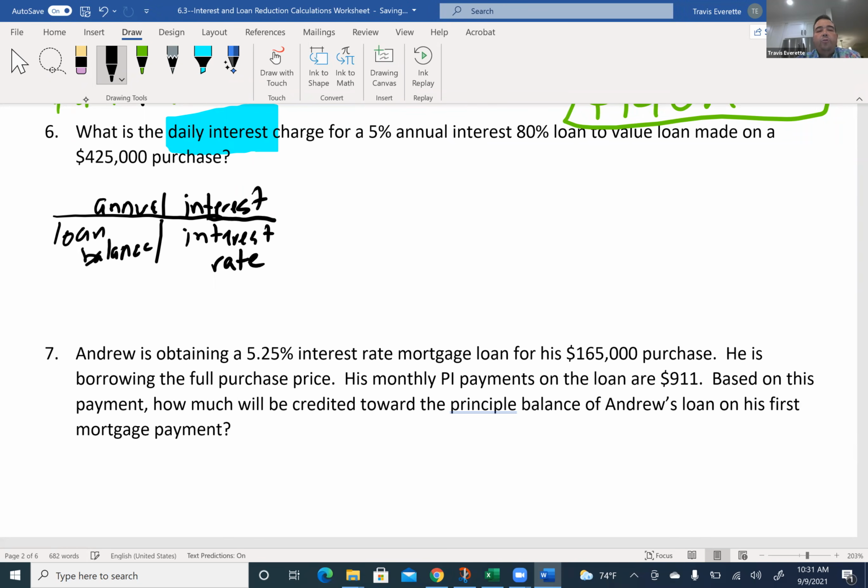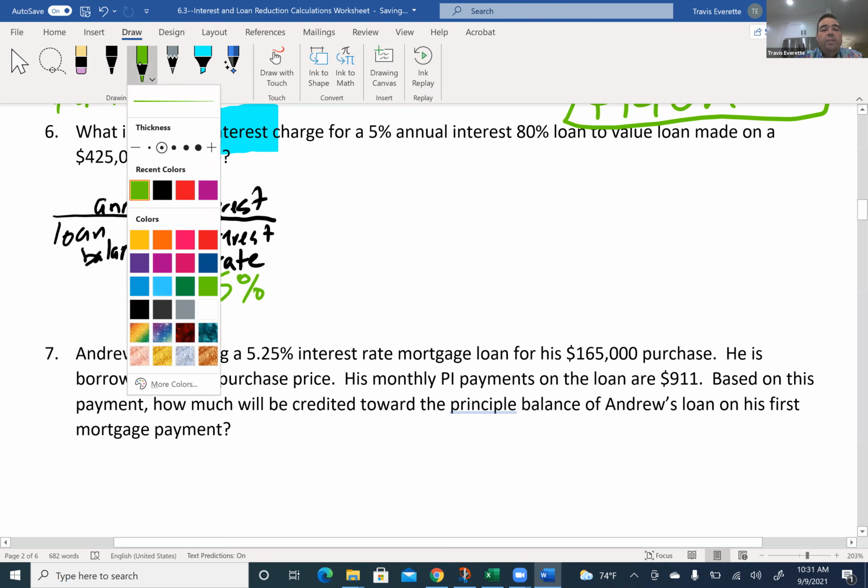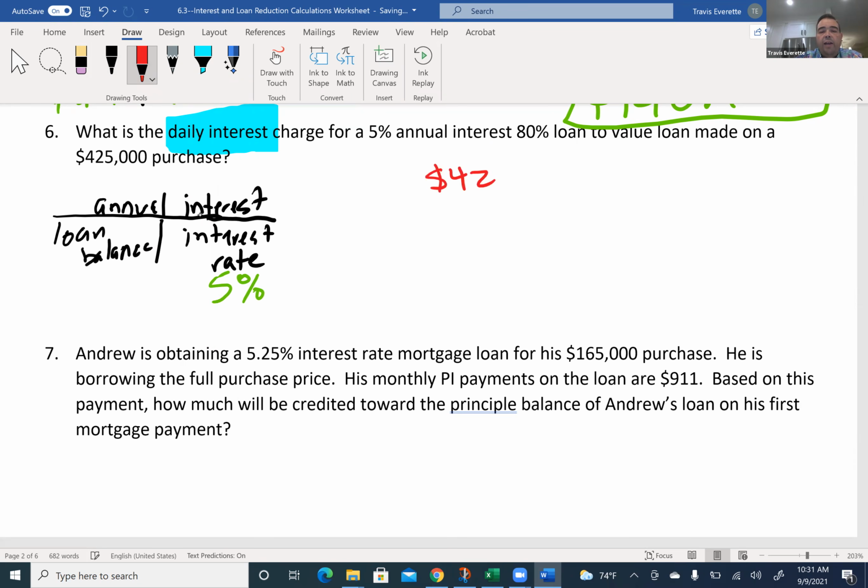Loan balance times interest rate. So let's see what information they did give us here. Well, the first thing I see is the 5% rate. But I don't see a loan balance. What I do see in place of a loan balance is a $425,000 purchase where we're borrowing 80% loan to value.